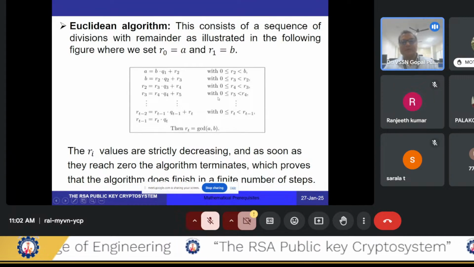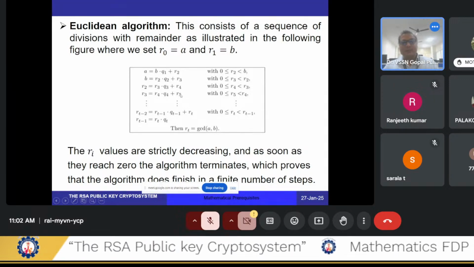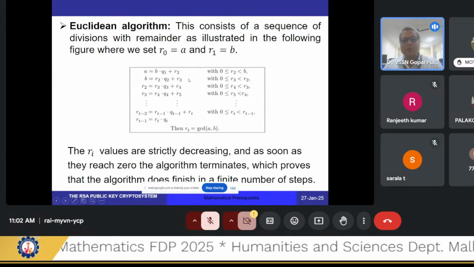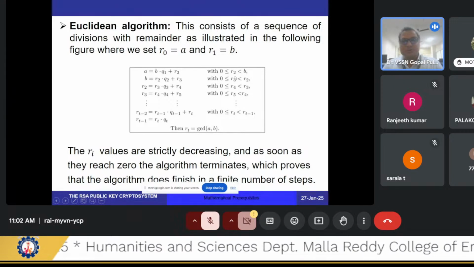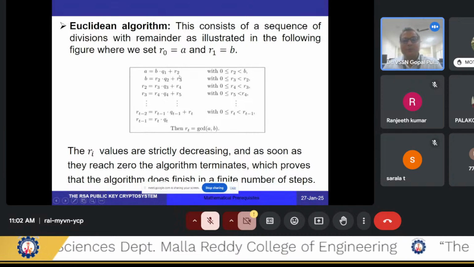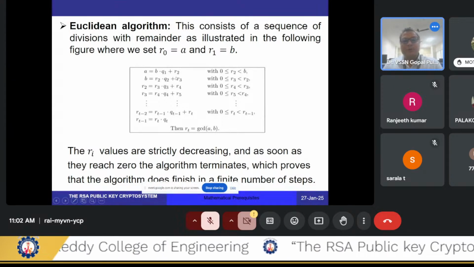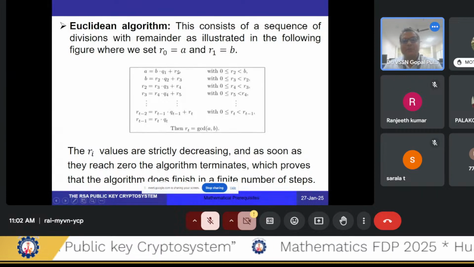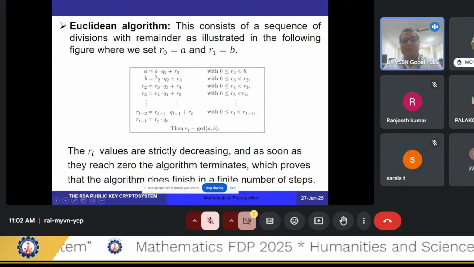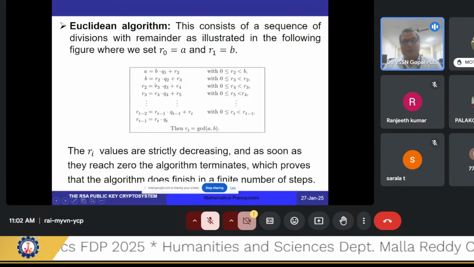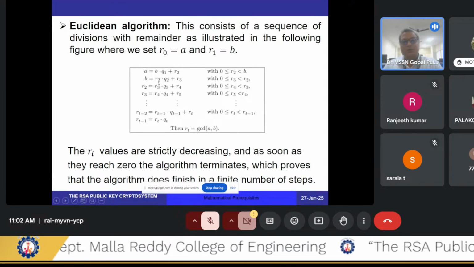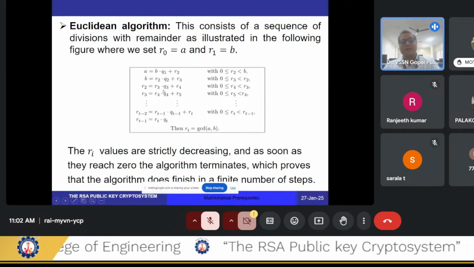Initially we consider a equal to bq1 plus r2, where r2 is between 0 and b. Then we divide b by the remainder obtained in this step, so we divide b by r2, and in the next step r2 is divided by r3, and so on.